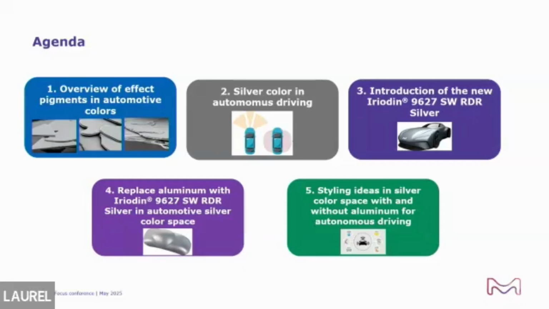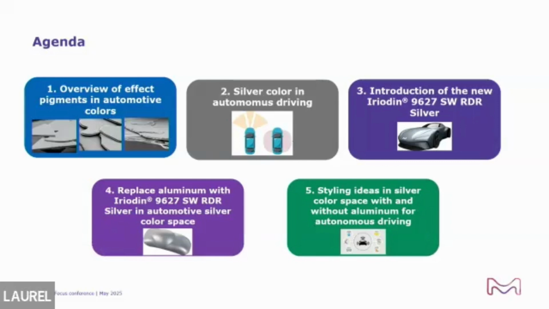We're going to introduce a new product which is designed for radar coatings, and we have an example using a running color to replace aluminum with this new product, and how it affects the lightness of the color travel as well as the radar permittivity.